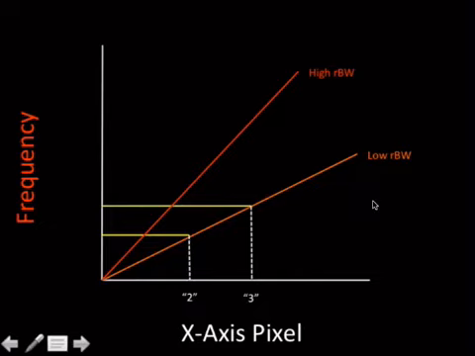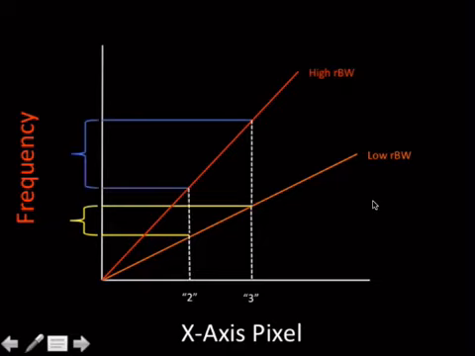If we look at a frequency change that's pretty small, pretty narrow, like that, it's going to make sort of 1 pixel difference, a 2 to a 3. And this is on low. Now if we make a fat one, like this, that's going to make the same difference also.